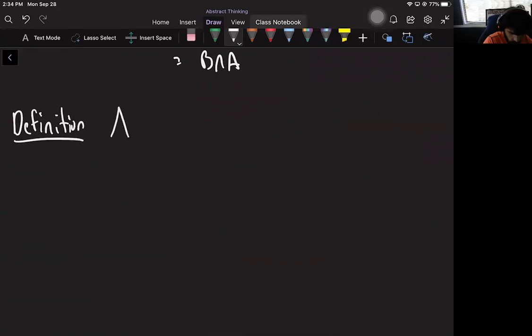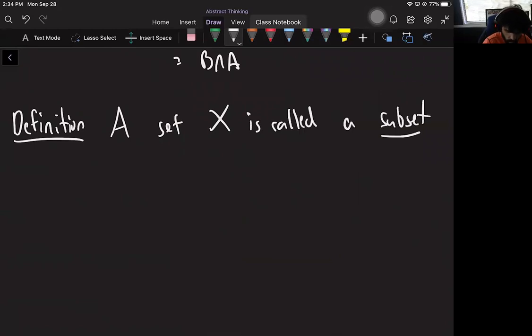So a set X is called a subset of Y, and it's written like this, written X, and then it's sort of like a big C, but not really. I would look it up online to see better pictures of how the symbol looks. Sort of like a less than or equal to, except not pointy.